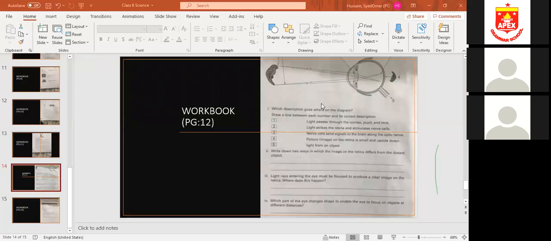That is page number 12. Now draw a line between each number and its correct description. Yes, students, now one by one you can tell me the answers.